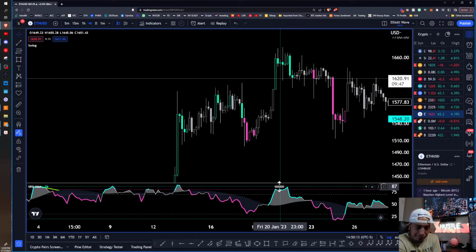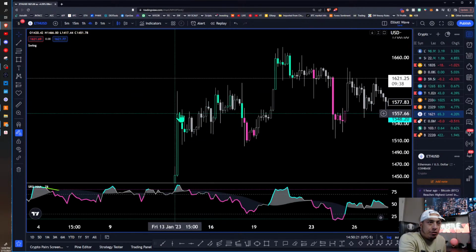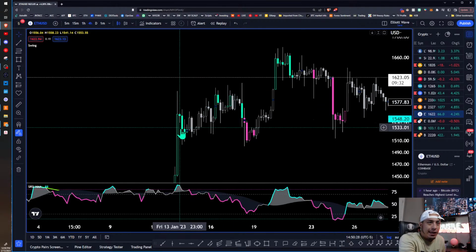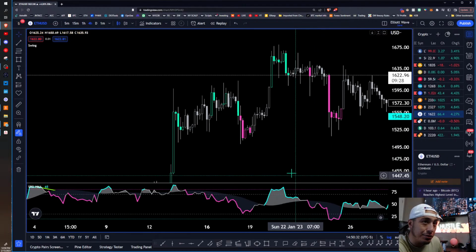For an Elliott Wave trader, if this only gets here, people get this hard divergence and think it's going to fully reverse, but we know that since we didn't break this high, it's probably an A, B, C or something like that.